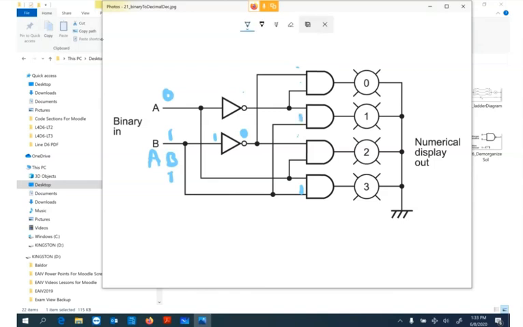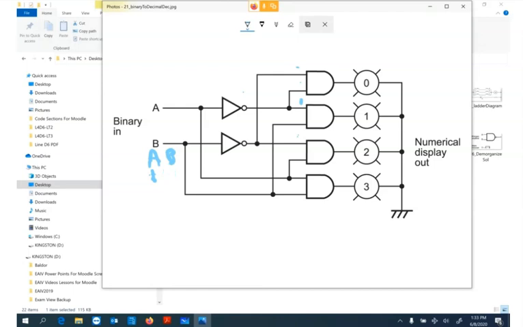A 0 here on A makes this a 1, which makes this a 1, which turns on our light 1. So that is true. So a 0, 1 would make light number 1 come on. And put that B back in there. If we put a 1 on A, we already seen that it's going to turn on light number 2.